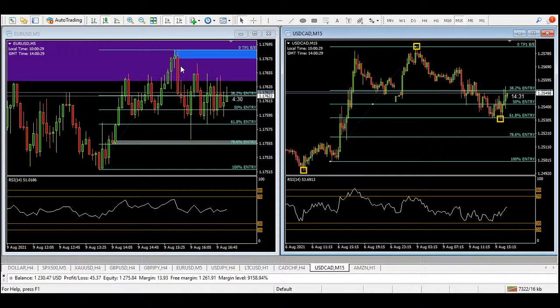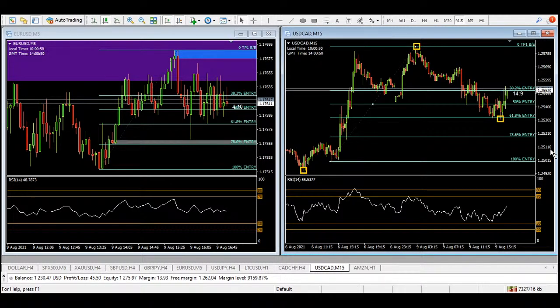But I think this is going to give us our volume and our momentum that we need to break this 5 minute to go ahead and get the 4 hour candlestick imbalances filled. That's just my thought. I could be wrong. USD CAD going up.